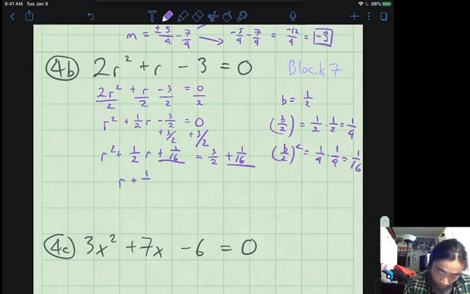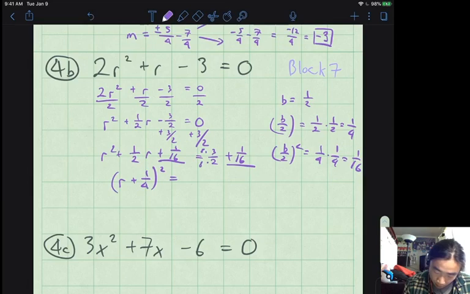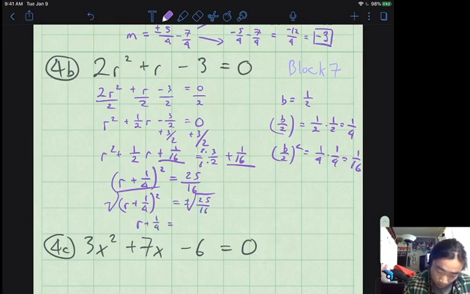R plus 1/4 is my perfect square. Times 8 times 8, I get 25 over 16 again. Convenient. Take the square root of both sides. R plus 1/4 equals plus or minus 5 over 4. R equals plus or minus 5 over 4 minus 1/4.